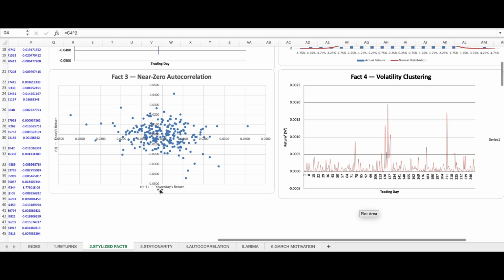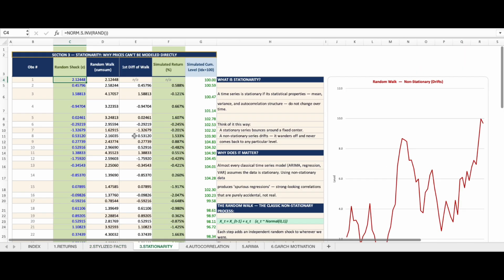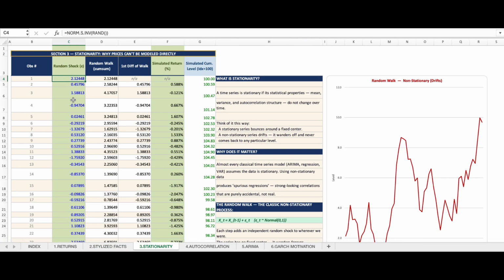Okay, now let's come to the third section of stationarity. Now, first, what is stationarity? A time series is stationary if its statistical properties don't change over time, which means the mean stays constant, variance stays constant, and the way values at different points in time relate to each other stays constant.